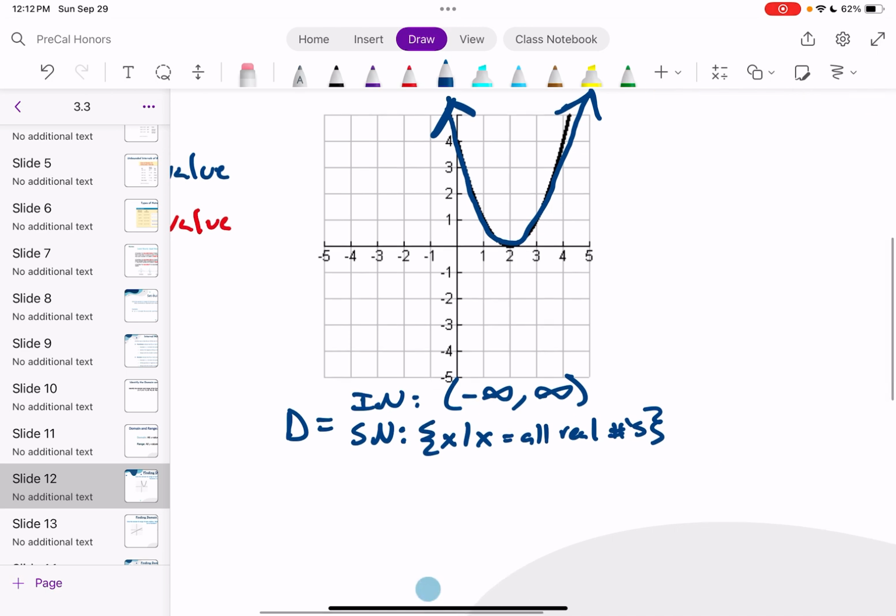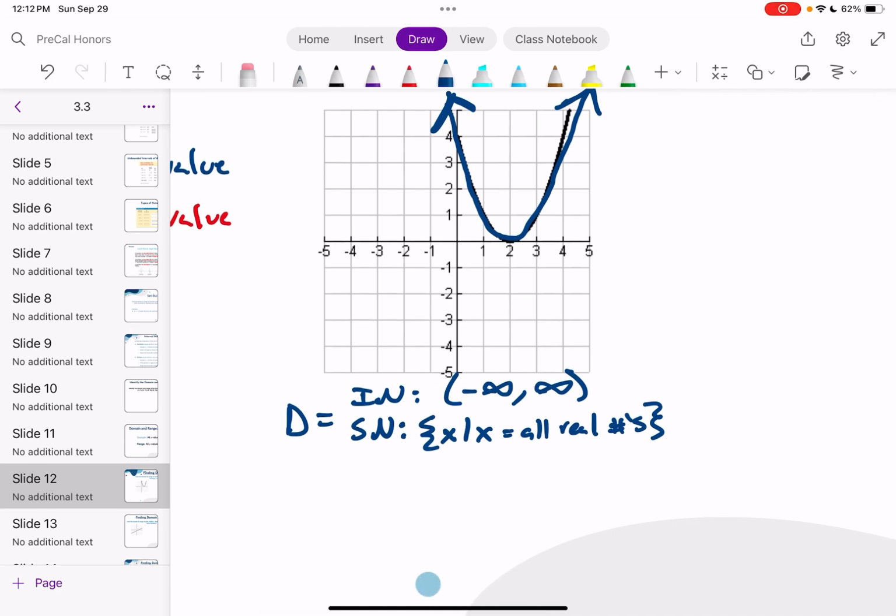That would be one way of writing it. You can also write it as x such that negative infinity is less than x, which is less than positive infinity. Both of these methods would be perfectly fine to describe what is going on within that graph.